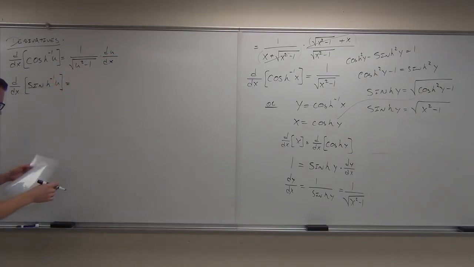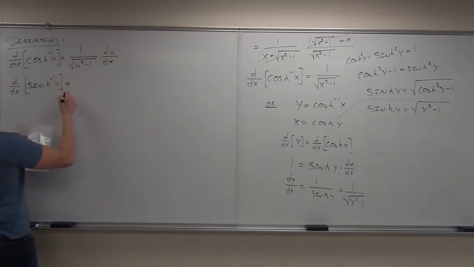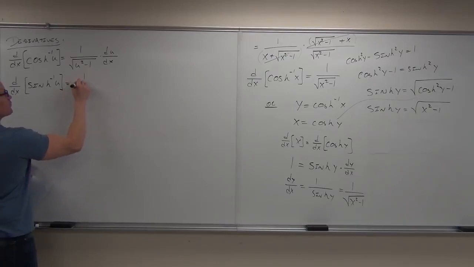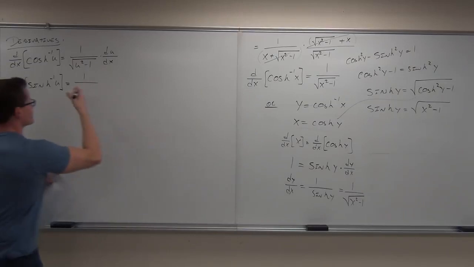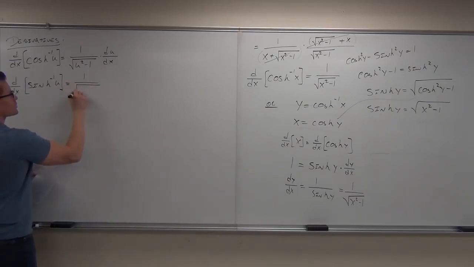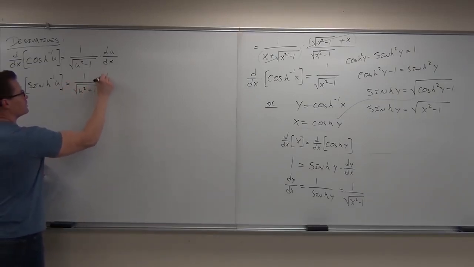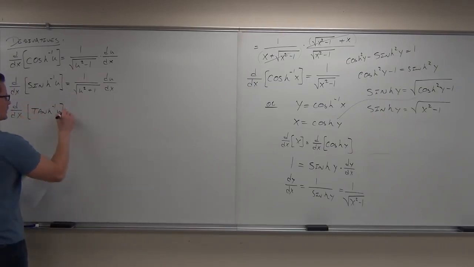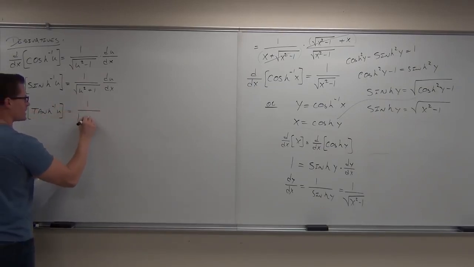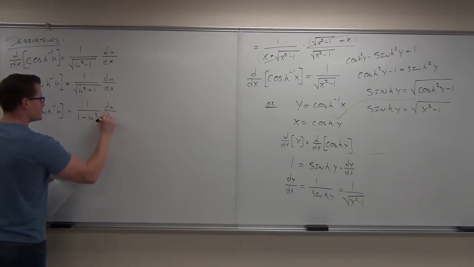So if we have hyperbolic sine inverse, we have 1 over, sine and cosine look really similar all the time, especially with these hyperbolics. So we have 1 over square root u squared plus 1 du dx. If we want hyperbolic tangent inverse, we end up getting 1 over 1 minus u squared du dx.